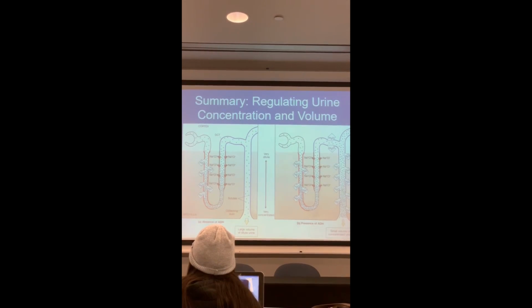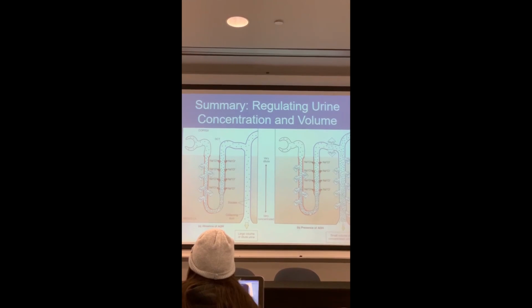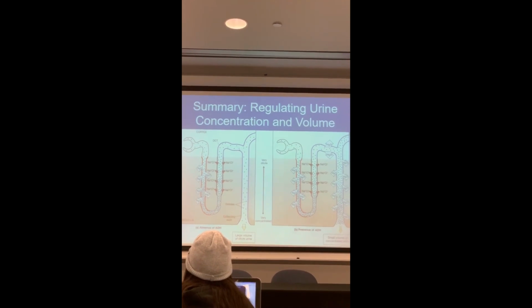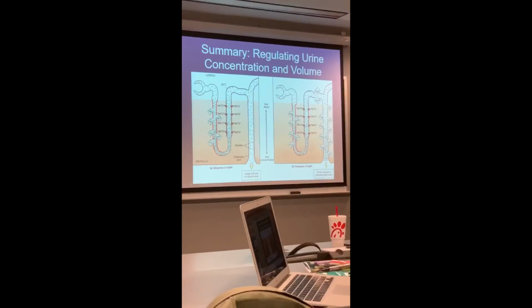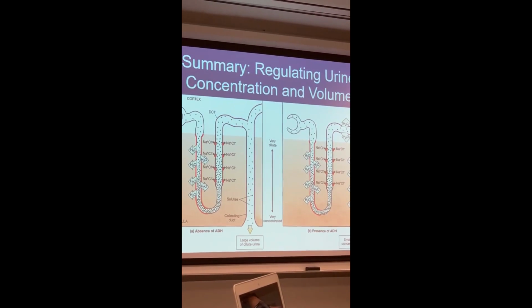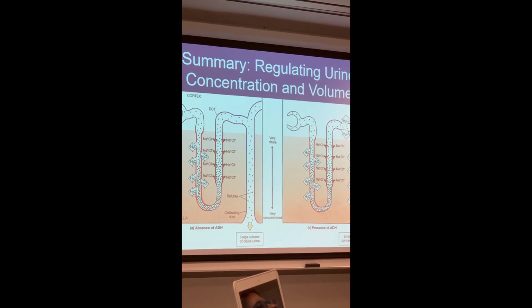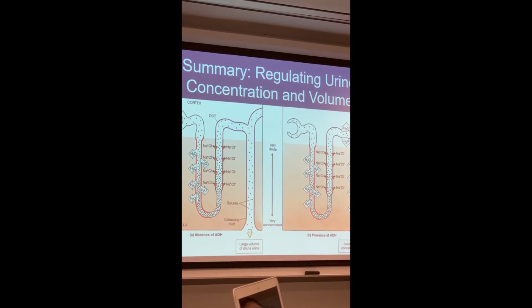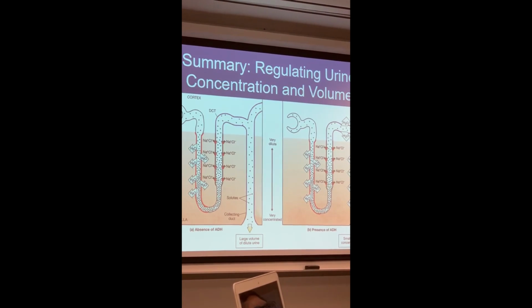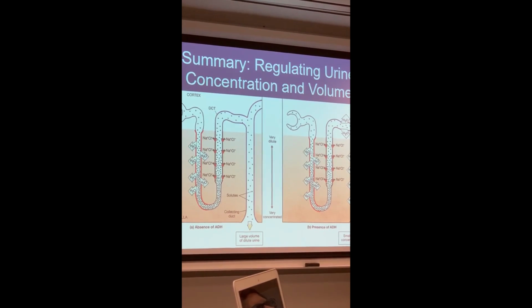On one side, you're transporting water. The other side, you're transporting salt. And those 2 sides are connected together. This creates what we call a countercurrent multiplier, which is the other part of the explanation as to how we produce and maintain the osmotic gradient in the medulla.